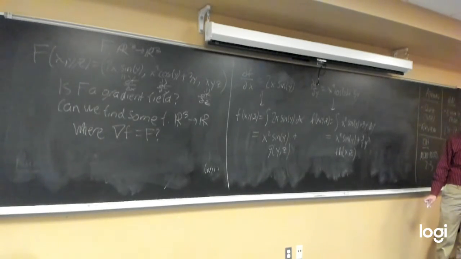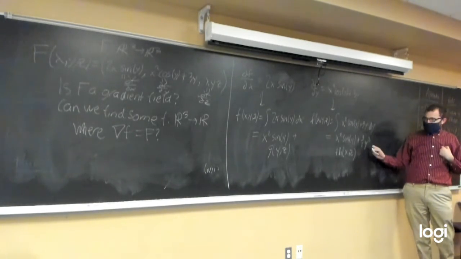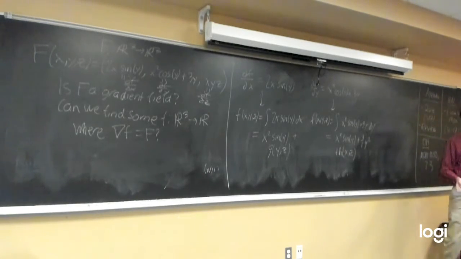Yes, y is 0. I think the issue is if y is 0 necessarily. Because we're not plugging in specific numbers for x, y, and z here. We need something like the general form of a function.